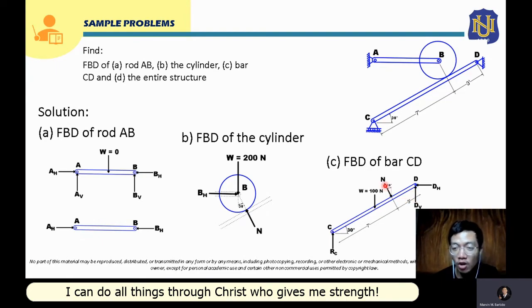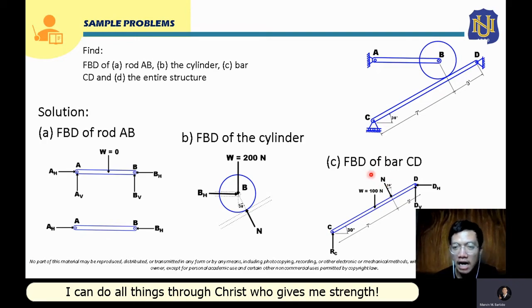So it will now be an applied force here if we transfer this normal force to the bar, because this cylinder will be carried by this rod CD. It will be considered as a load, this normal force.